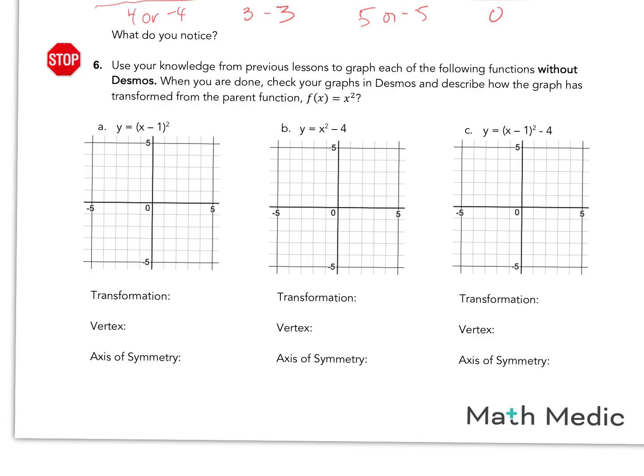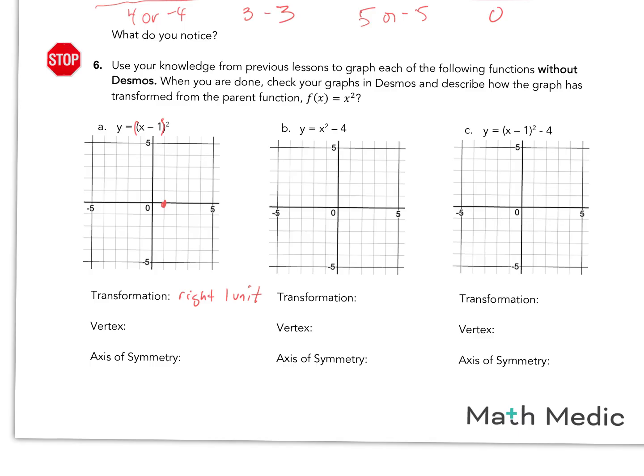Okay, so we're going to look down at this first graph, and we're going to go ahead and graph y equals (x minus 1) squared. So the transformation of this graph is going to be to the right 1 unit. Now this may seem counterintuitive because it's x minus, but because this is in the parentheses, the x has to be 1 larger than it was before in order for the y value to be where it was.